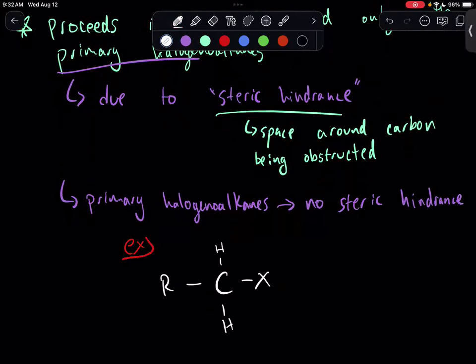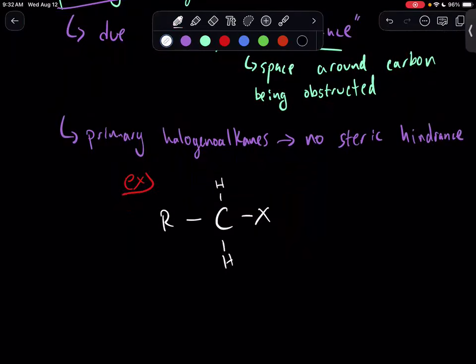Now, if we use a stereochemical formula as well, and I'll go ahead and draw that: R, X, H, H. The hydrogens are really small.